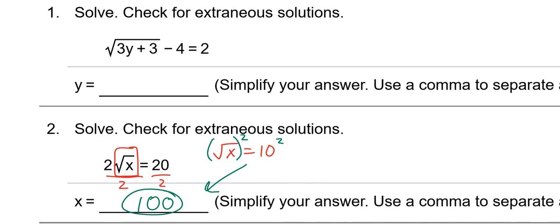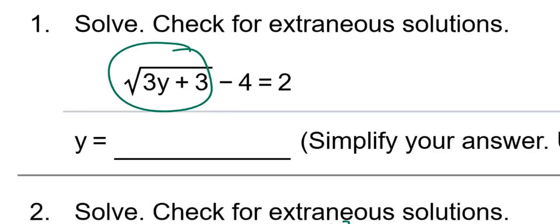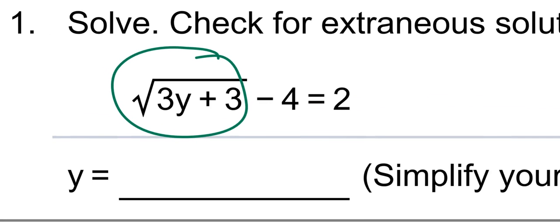Look at question 1. Is the radical by itself? And yes, the answer to your question is that's exactly what I would do. The radical's not by itself, so the suggestion I had from up front was add 4 to both sides.